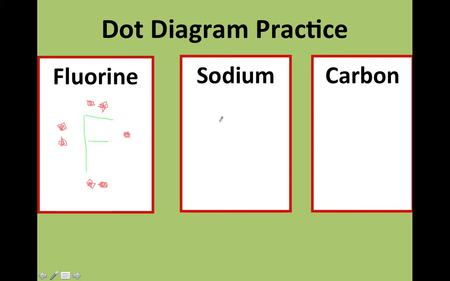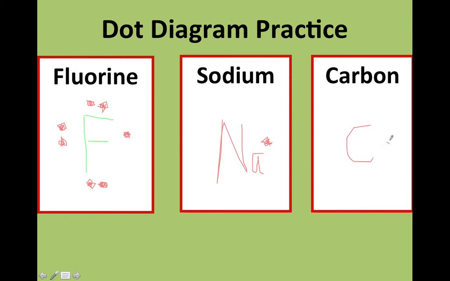All right, sodium. Sodium's in 1A, and sodium only has 1 valence electron, so we're going to place it on the east. It's in column 1, so it only has 1. And carbon, symbol C, has 4 valence electrons. It's in column 4, 4A.